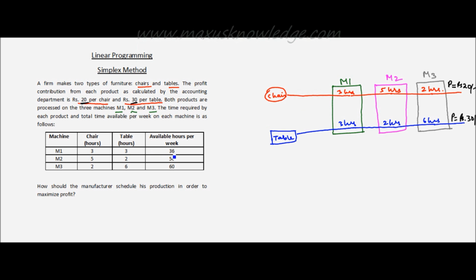Now we have also been given that the capacity or the available hours on these three machines is not unlimited. The available hours per week for machine M1 is 36 hours, for M2 it is 50 hours, and for M3 it is 60 hours.